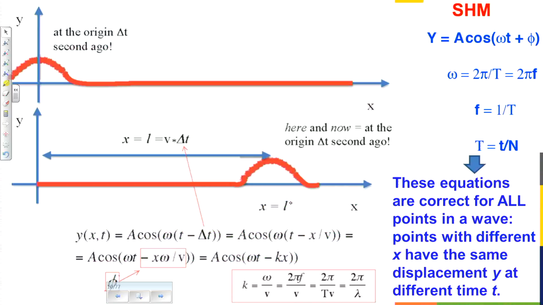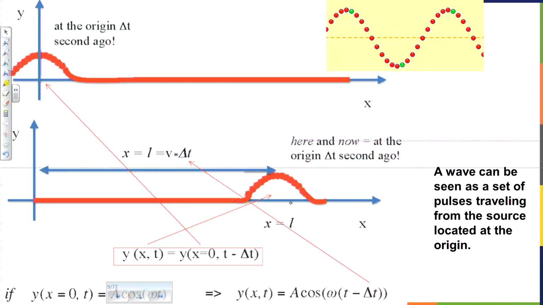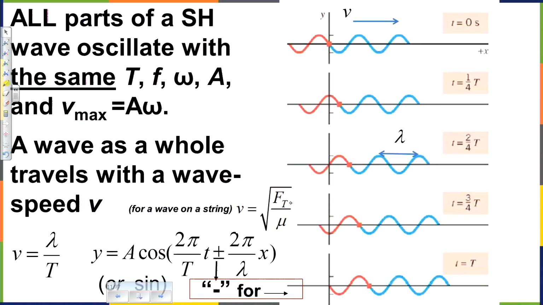And now we can answer lots of questions about waves. In my example, the pulse was traveling to the right. Well, we don't have to do it all the time. The wave might travel in the direction opposite to the x-axis.